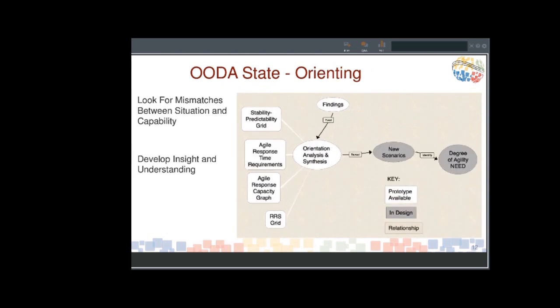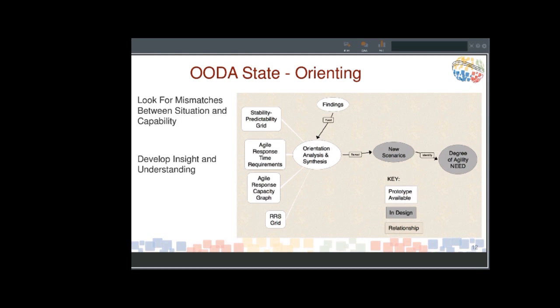story. Okay, the second part of the story is the orienting phase. And like I said on the OODA loop, this is the most important activity in that whole operating framework. This is where the group, the team, the organization, has to get together, look at what has come out of the observation activity, and try to make sense out of it.